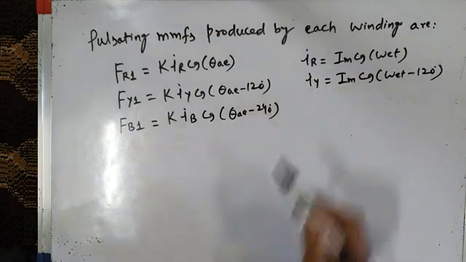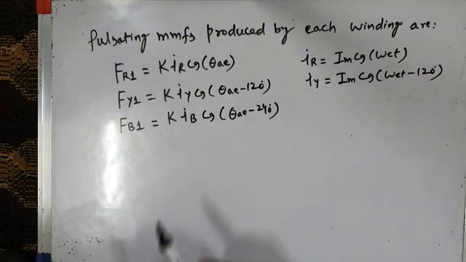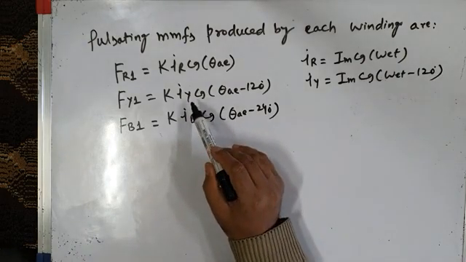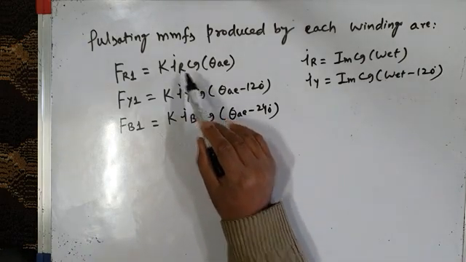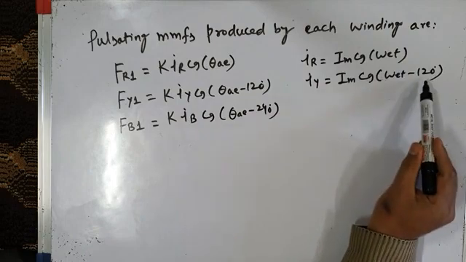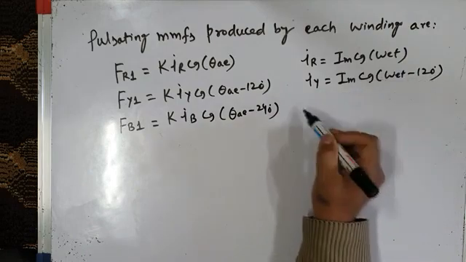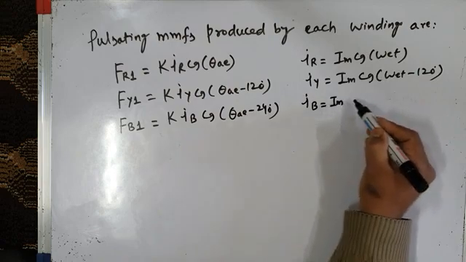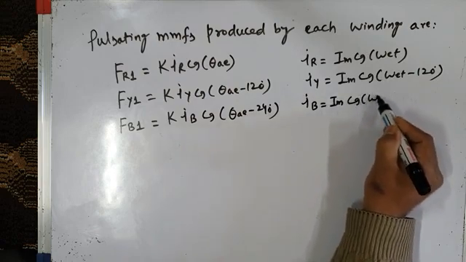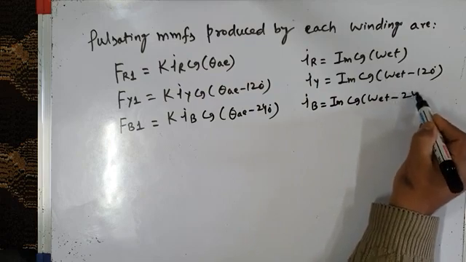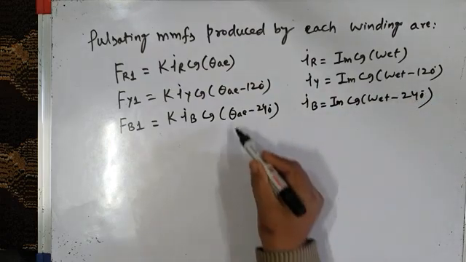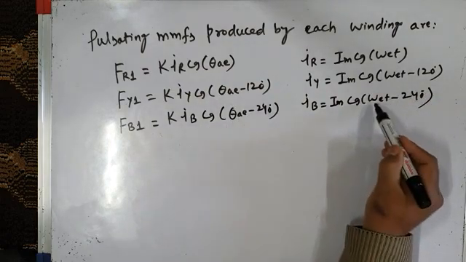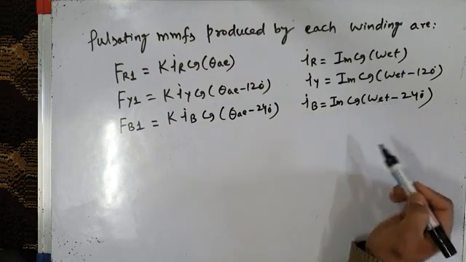So current in Y phase winding is out of phase with respect to current in R phase winding in time by 120 degrees. Similarly IB is equal to IM cos of omega ET minus 240 degrees. Theta AE are space angles and omega ET are electrical angles.